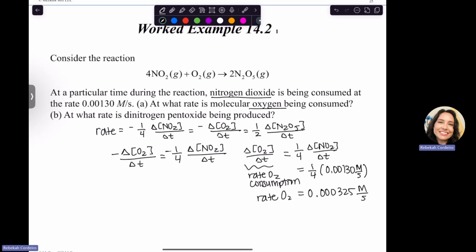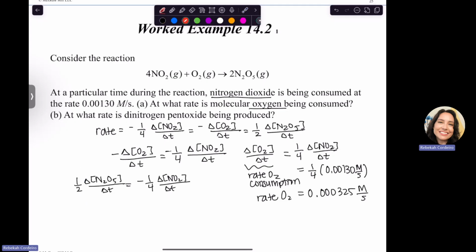So we can do the same thing for the dinitrogen pentoxide. If I want to know dinitrogen pentoxide, it's 1/2. And this one is positive, and this one is negative. We could use the oxygen too, but let's just use the nitrogen dioxide, in case we got the oxygen wrong. If this is part A and we got part A wrong, we want to make sure we go back and do it this way. So I need to get rid of this 1/2.